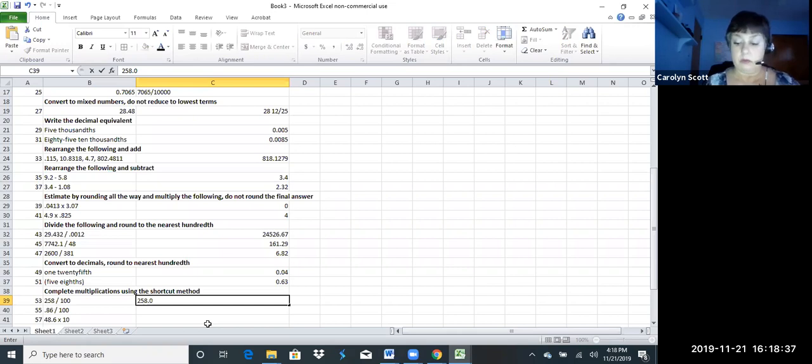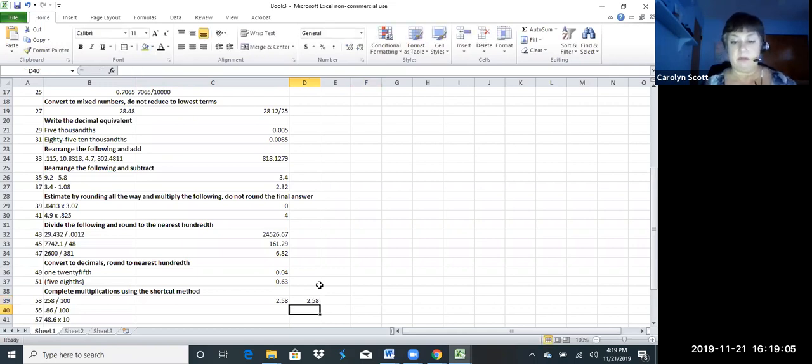So now we need to take our 258, we need to take our imaginary decimal point and move it 2 places to the left. Right there. That is the answer. That's the shortcut method. If you want to test this, we can absolutely do that. 258 over 100, 2.58. Same thing.